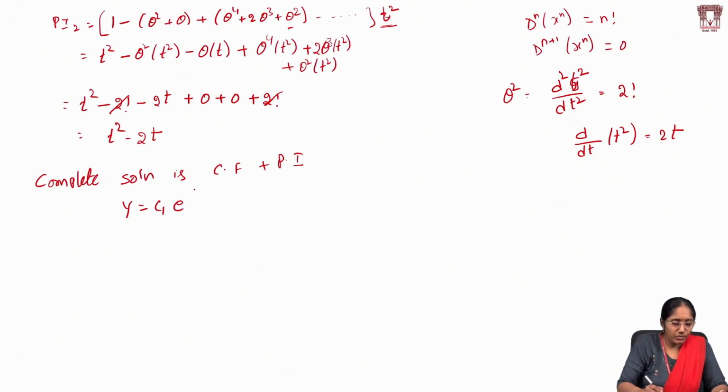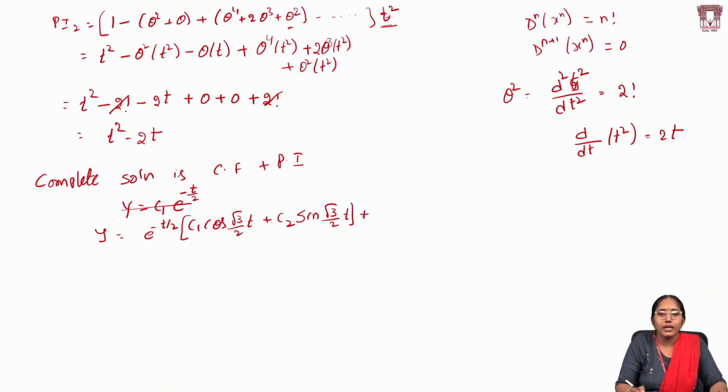Y is equal to e power minus t by 2 into c1 cos root 3 by 2 into t plus c2 into sine root 3 by 2 into t, plus pi1.